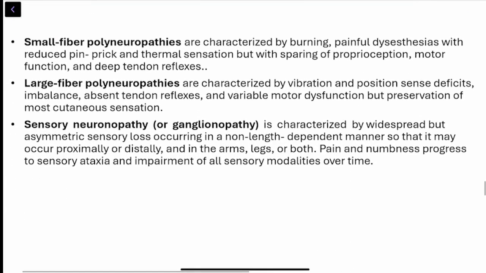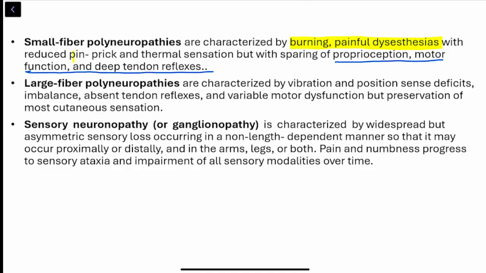Then small fiber neuropathy, it occurs in diabetes mellitus. It is characterized by burning, painful dysesthesia with reduced pinprick and thermal sensation, but with sparing of proprioception, of course, because proprioception is carried by the large fibers, not small fibers. Proprioception, motor function, deep tendon reflexes are carried by large fibers and not by small fibers.